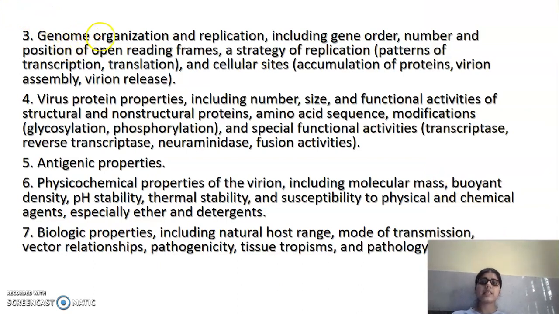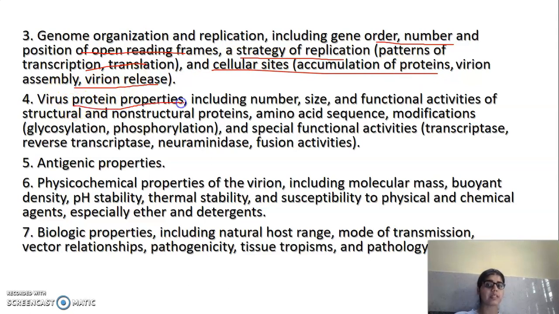Genome organization and replication, including gene order, number and position of open reading frames, strategy of replication, that is pattern of transcription and translation, and cellular sites, that is accumulation of proteins, viral assembly and viral release.